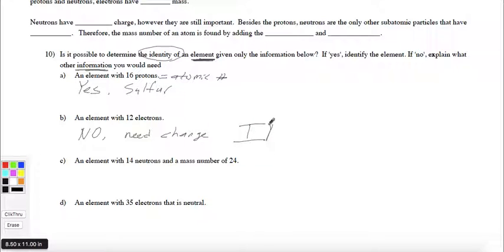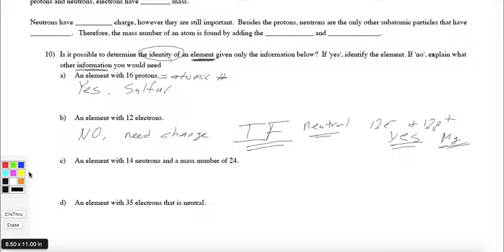If it's neutral, that means that we're going to have 12 electrons and 12 protons. Then we could figure it out, and this guy would be magnesium. But since we don't know the charge, we can't figure out if it's magnesium or not.